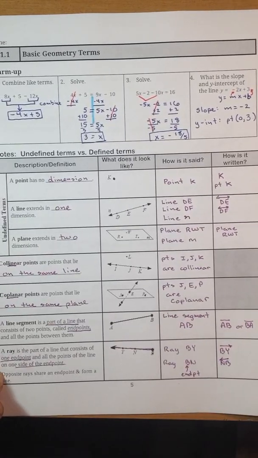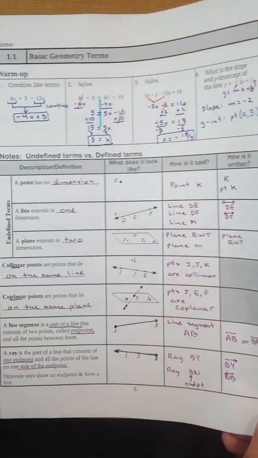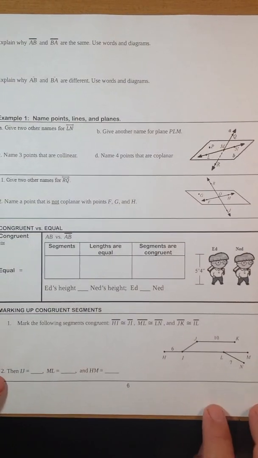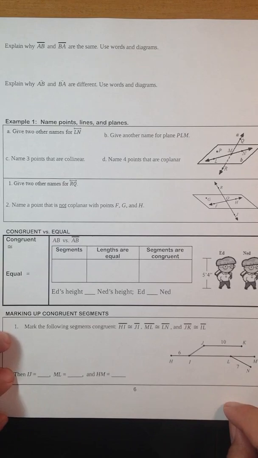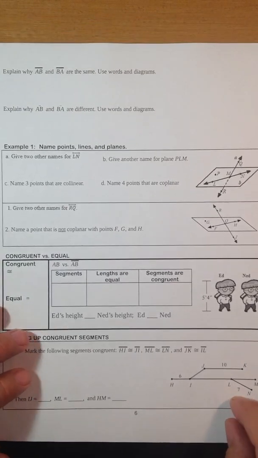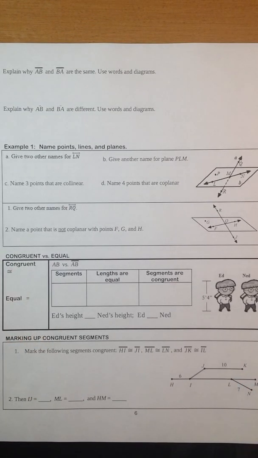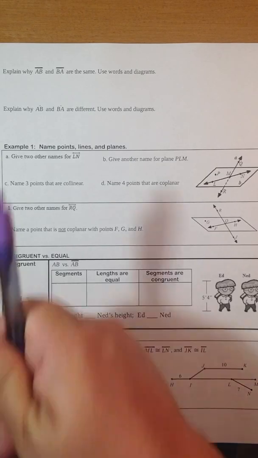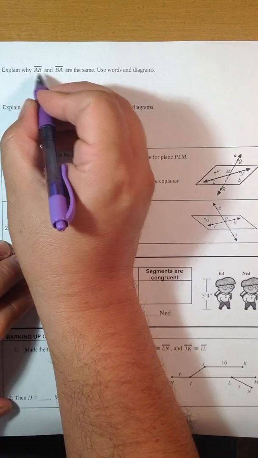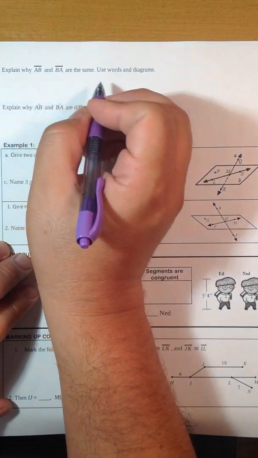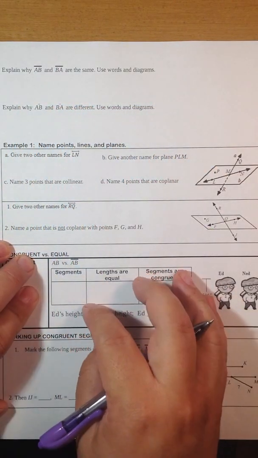Now, continuing with the notes, it's kind of a long set of notes here. So we have a couple questions here that you should answer for yourself. The very first one says, explain why segment AB and segment BA are exactly the same. Use words and diagrams.